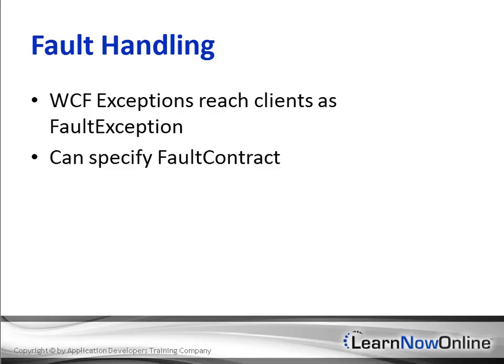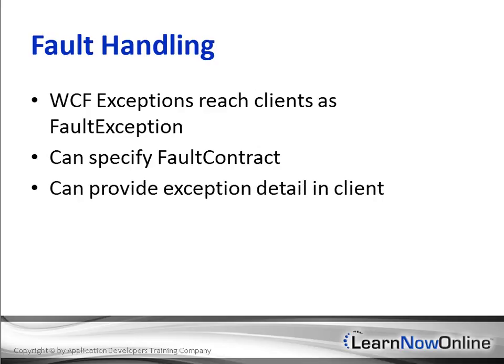When you're developing services, you can specify a fault contract, and the fault contract gives the client more information about what faults can be thrown or returned from the service when something doesn't work right. Now, you can also provide exception details to the client.